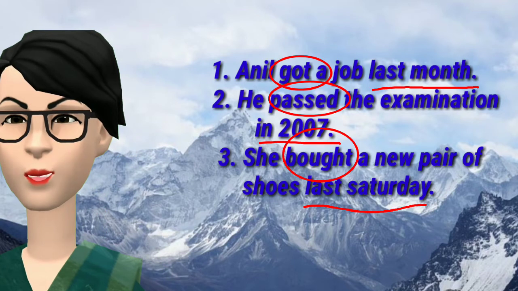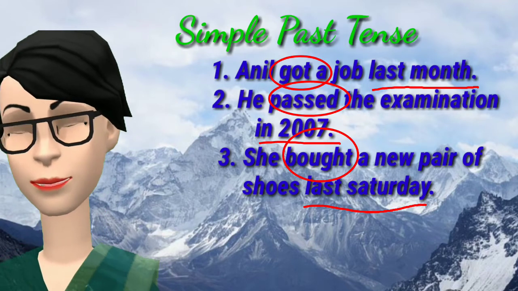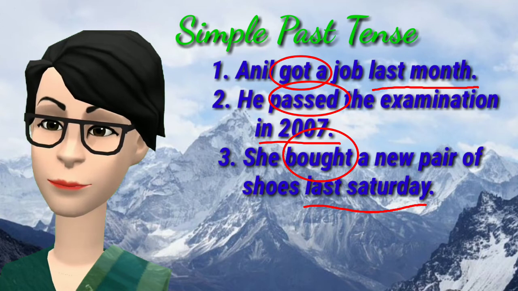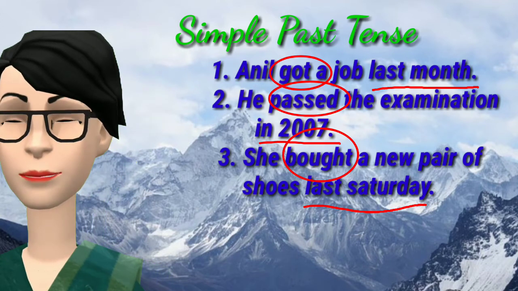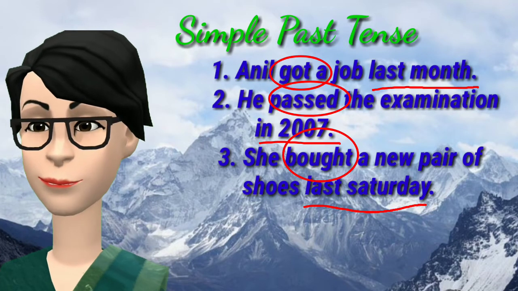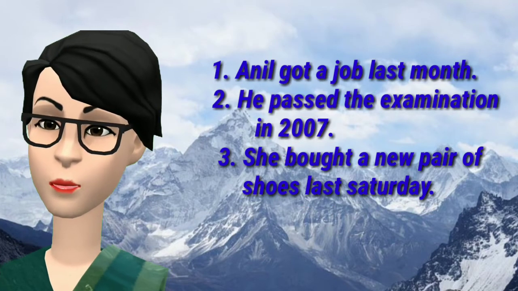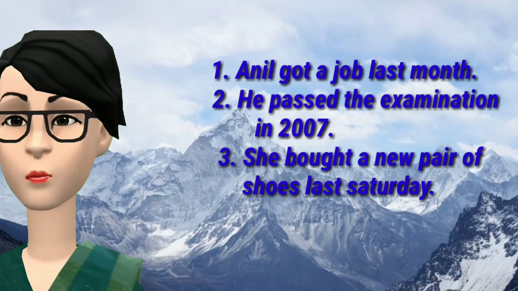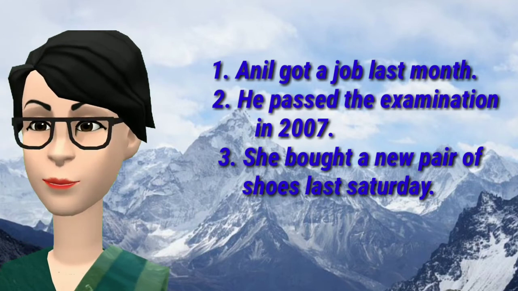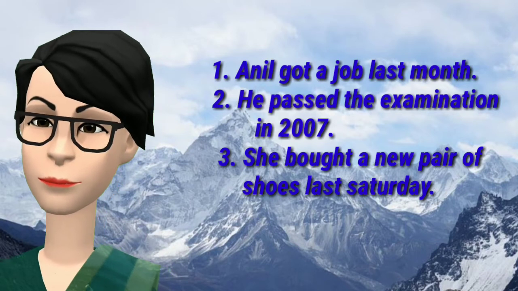We call the tense the past simple or the simple past tense, and we use it to describe an action that took place in the past. We normally use adverbs or adverbial phrases of past time with this tense.